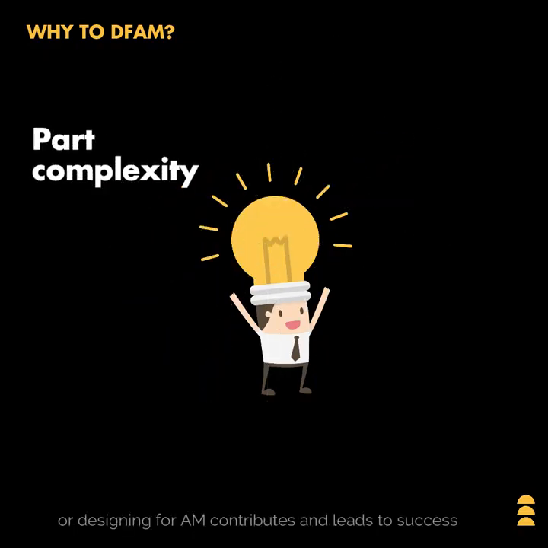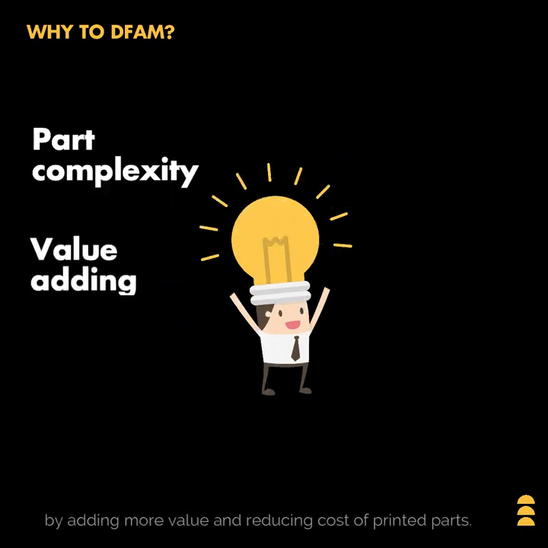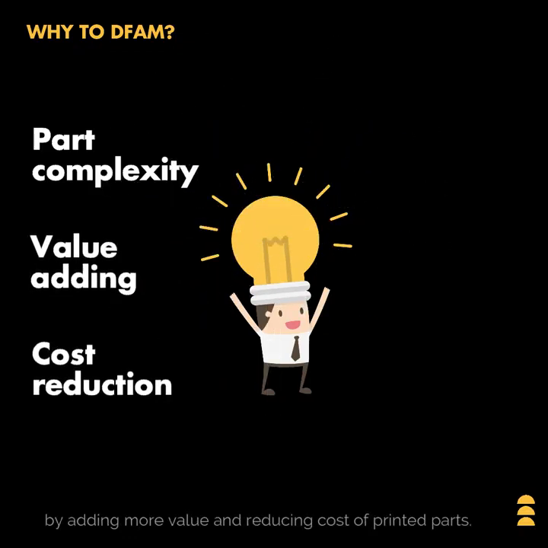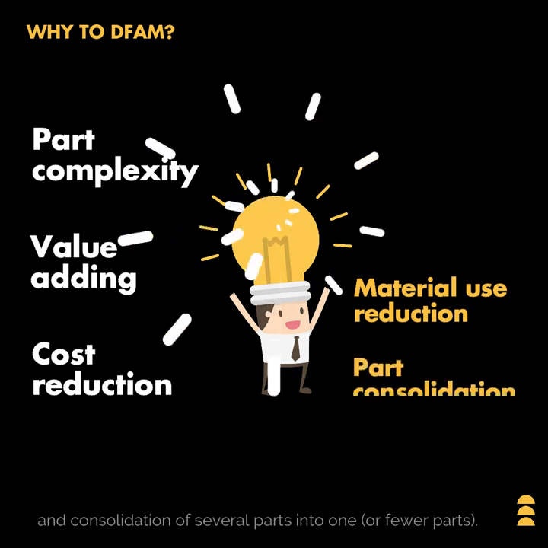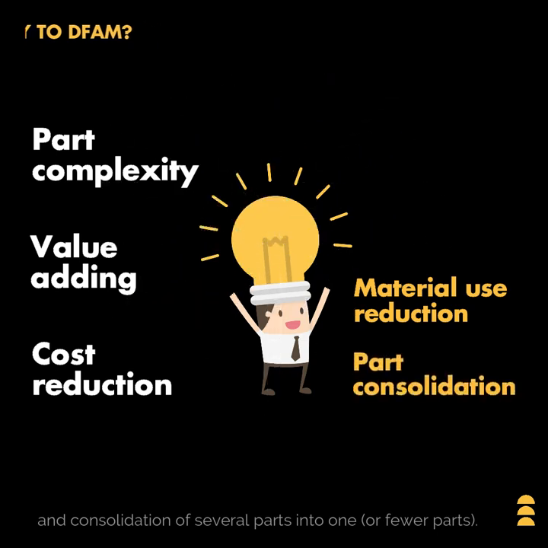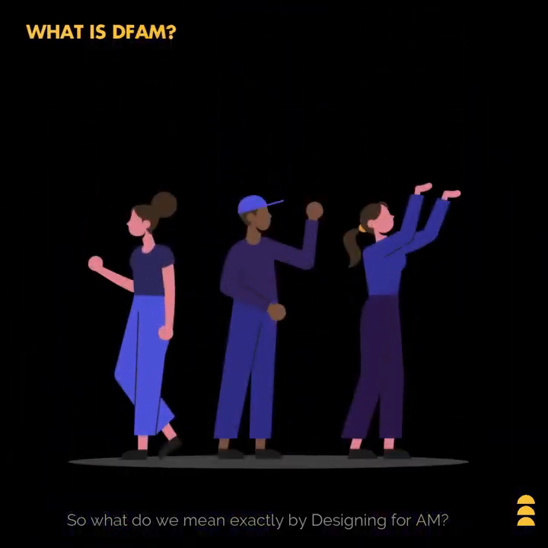Therefore, designing for additive manufacturing contributes to success by adding more value and reducing costs of the printed parts. It can also yield benefits such as a reduction in material use and consolidation of several parts into only one. So what do we mean exactly by designing for additive manufacturing?